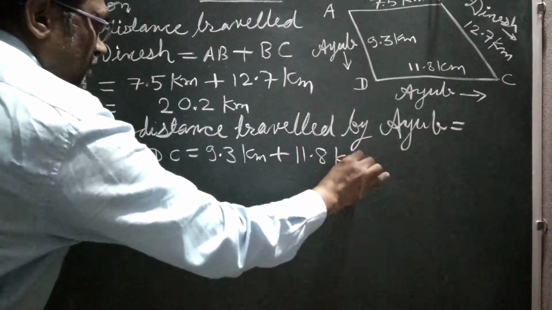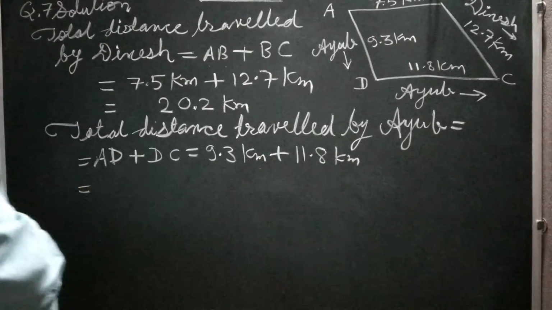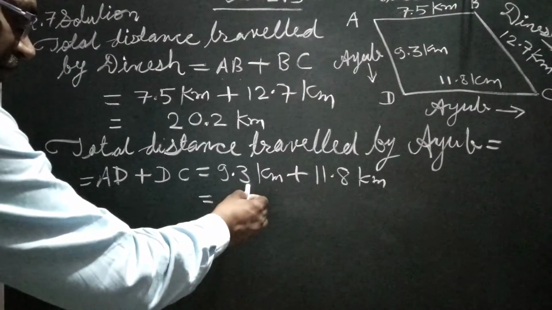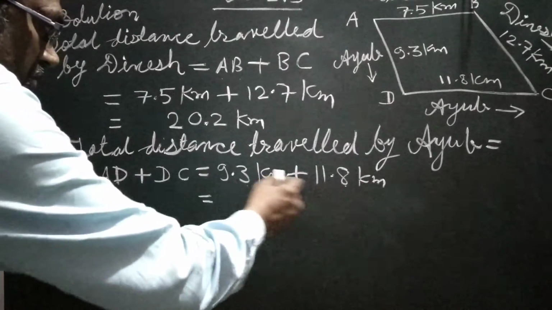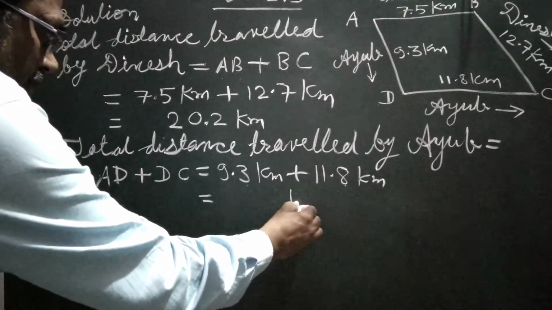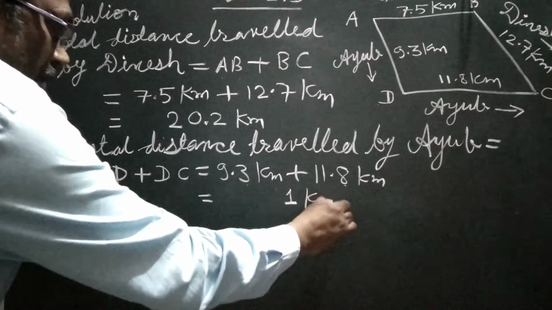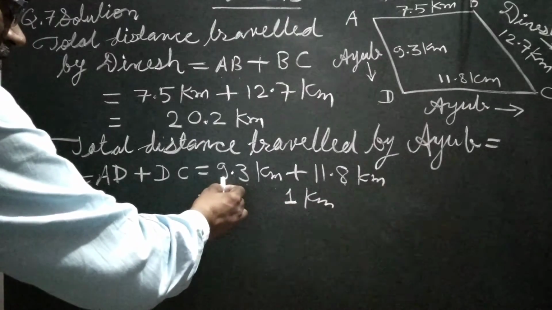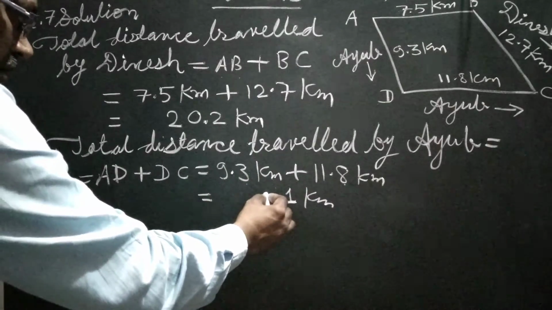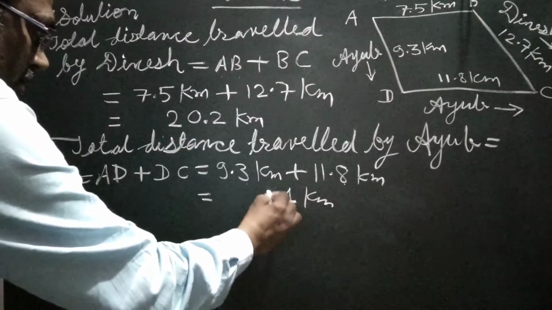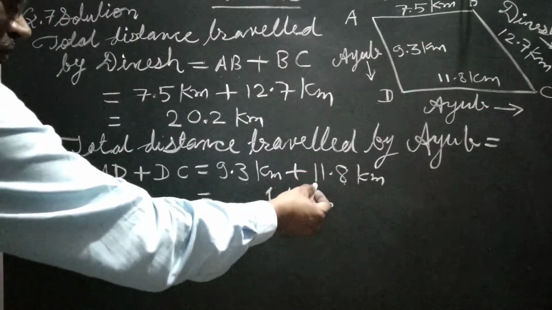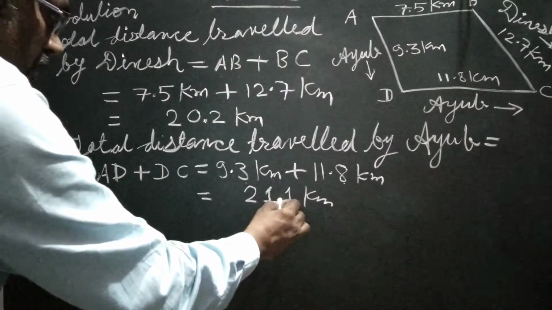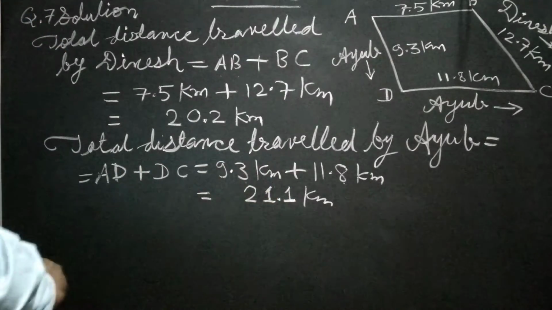Now we will add. After the decimal 1 digit, 8 plus 1 is 11, carry 1, 1 plus 9 is 10 and carry 1, 11, carry forward 1, 1 plus 1 is 2, so 21.1 km is the total distance traveled by Ayub.